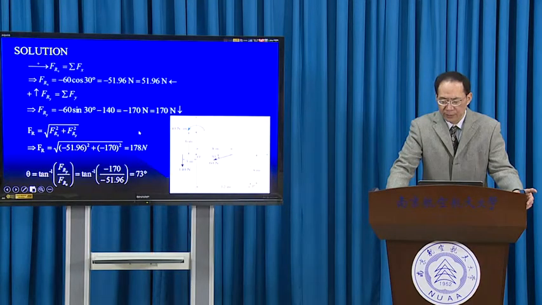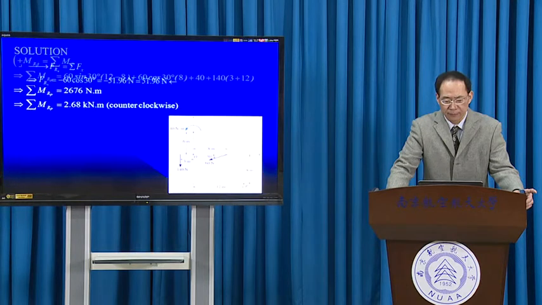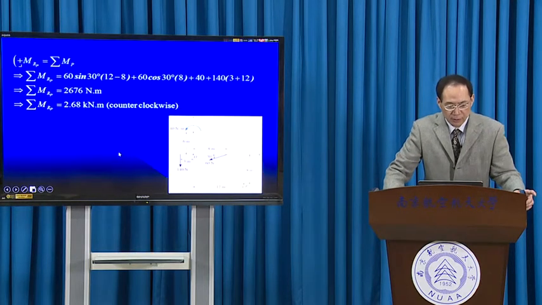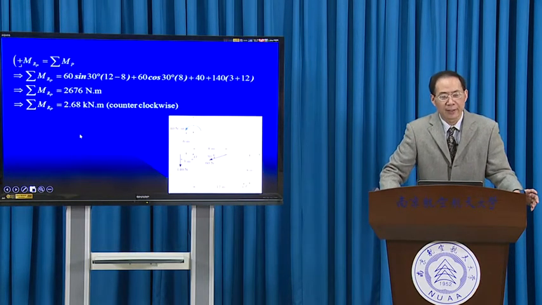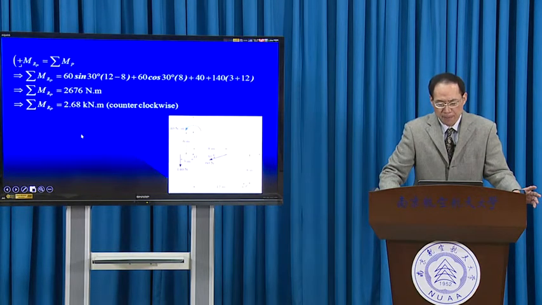Then we compute the principal moment. The principal moment is also a summation because this is a planar problem.